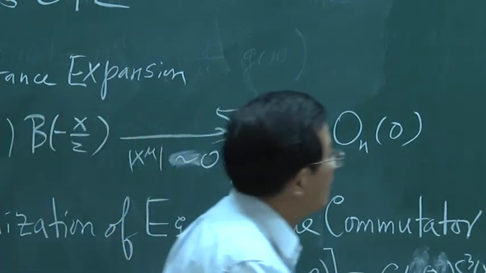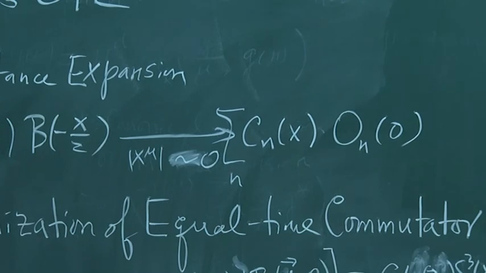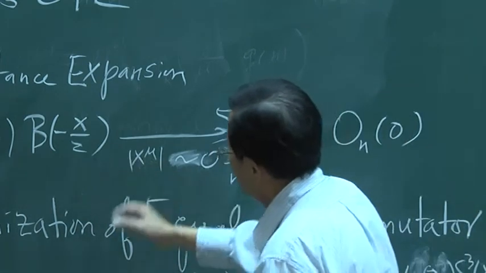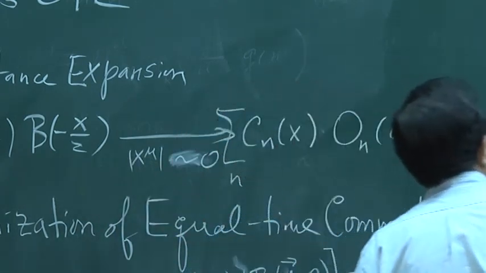Now, but we know that this is not a short distance. We need x squared very close to 0, but not each component very close to 0. So you need to generalize this to the light-cone expansion.